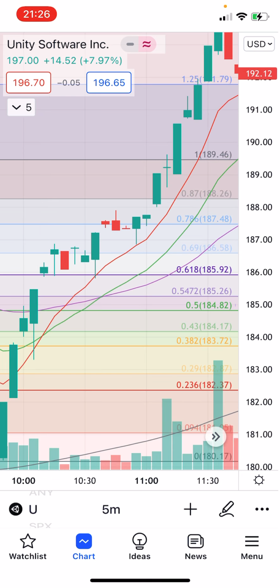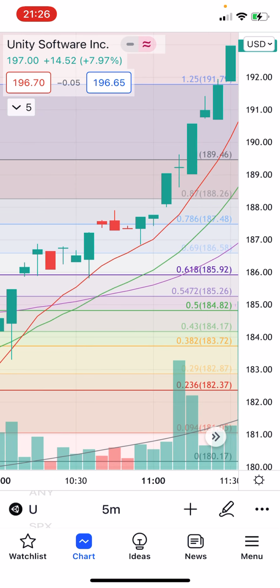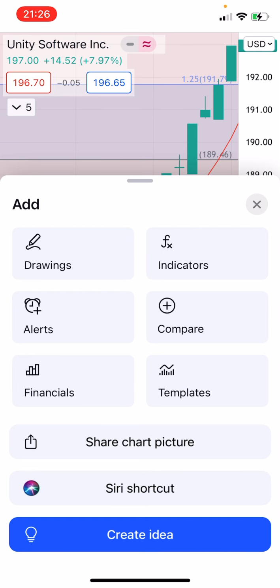Saw it and then started looking for an entry. I saw it push up with some increasing buying volume, especially as it gapped up over the 0.786 level, which you can see here.